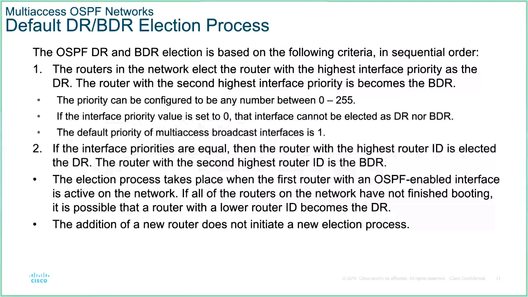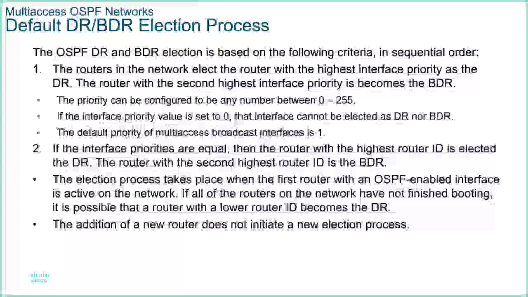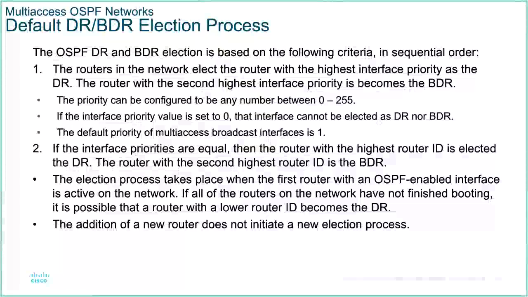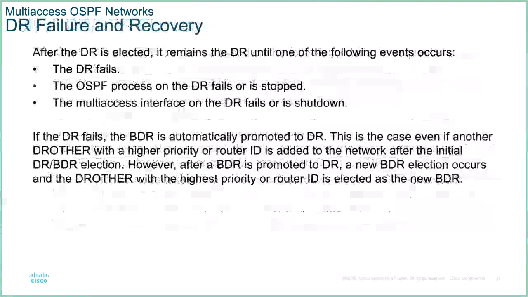The way you have to force an election is basically close down everything and then restart them. So you restart them in order: you start up your designated router first, your backup second, and then the others. Okay, so it's not something you really want to do in a production environment unless you really have to.